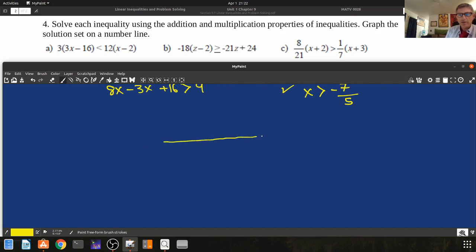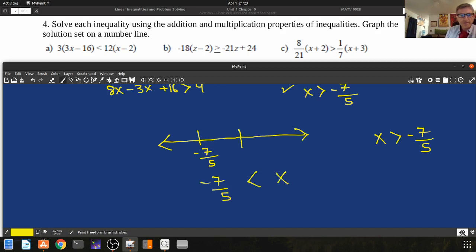Again, our number line. And it says x is greater than minus 7/5. So I'm going to come over here, and I'm going to find where minus 7/5 is. I'm just going to say it's right here. And I'm going to rewrite that as minus 7/5 is less than x.